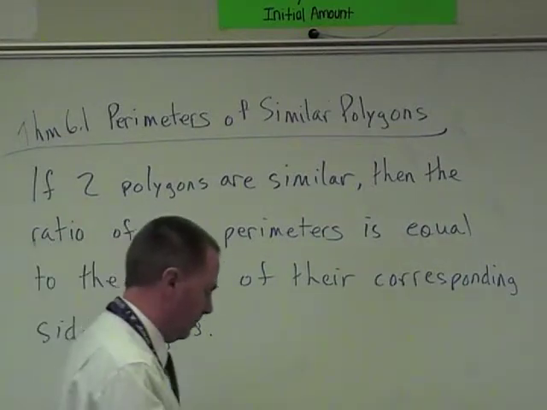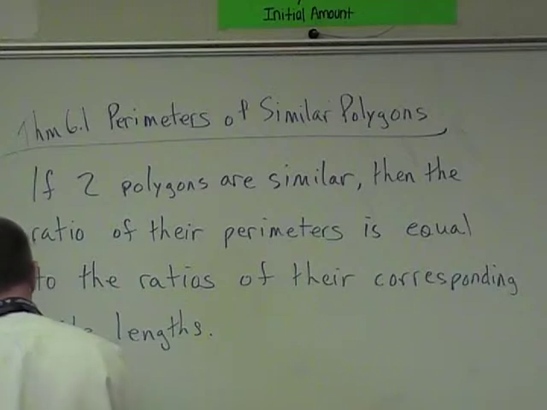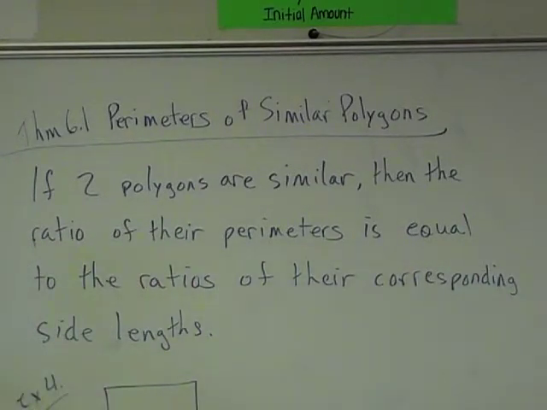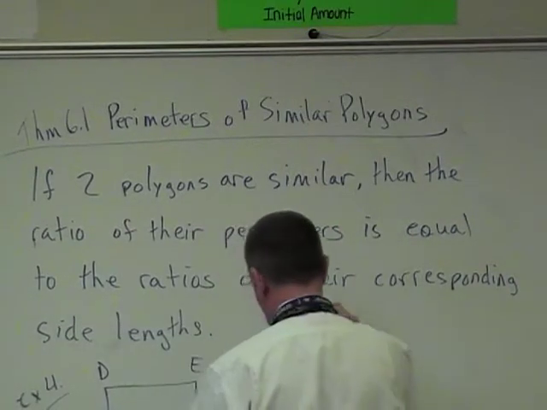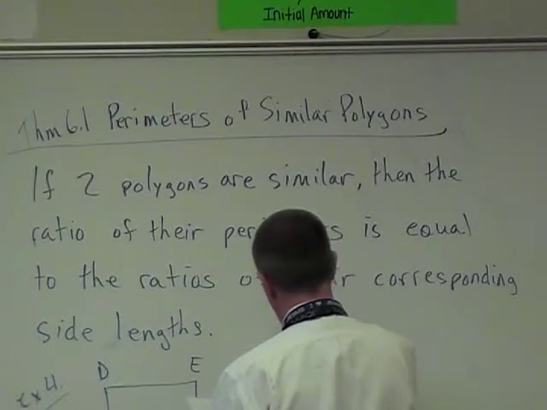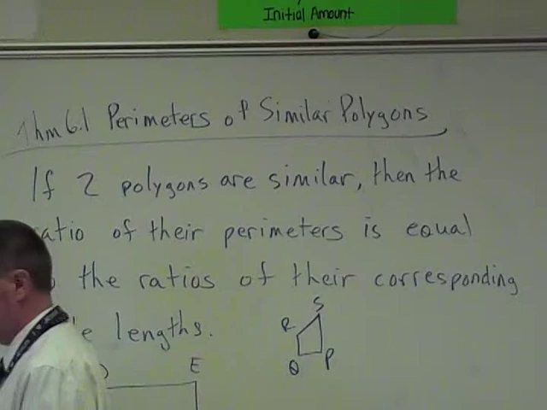All right, having said that, let me draw this here. Example, this is number 4. This is DEFG. And then we have a small one right here. This would be PQRS.